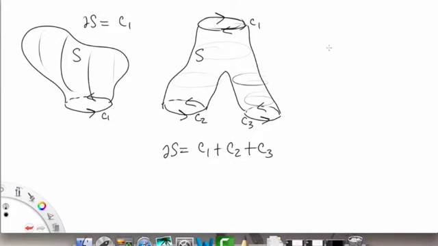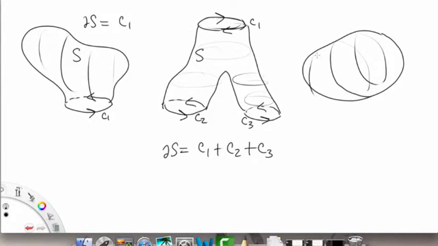And the last example that I want to show is something like this. You have something round, kind of like a potato looking thing, where you don't really have any openings. So in this case, our surface is the whole entire thing going around, and the boundary of S is empty.